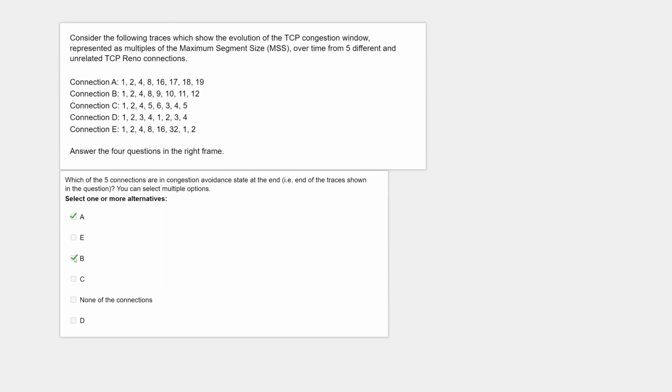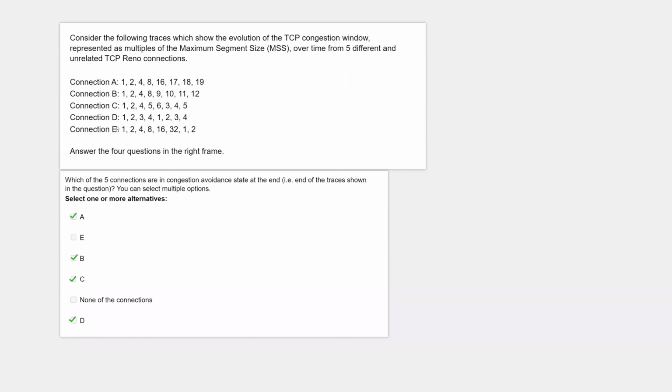C is 1, 2, 5, 3, 2, 5. C, A, B, C. A, B, C, D. I reckon the right answer should be A, B, C, D. So try to figure this out by yourself.